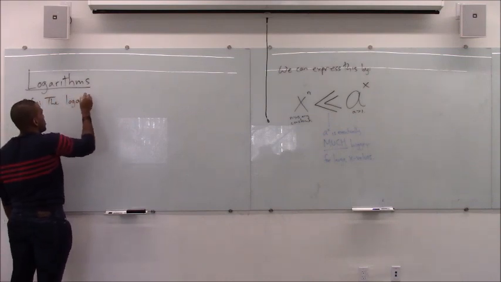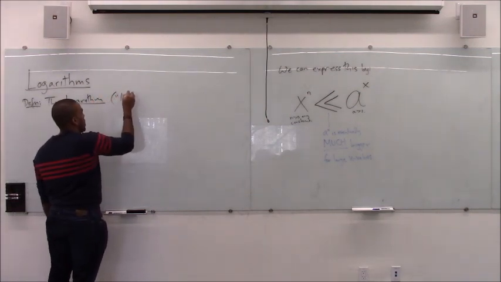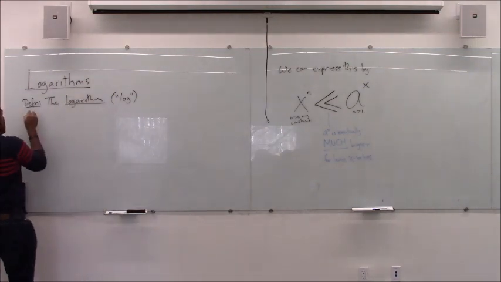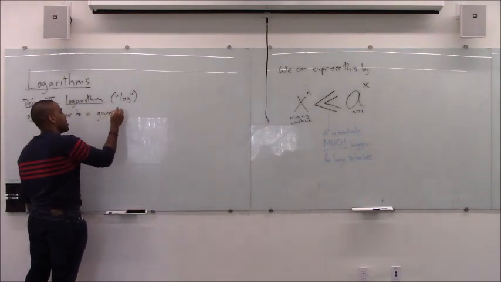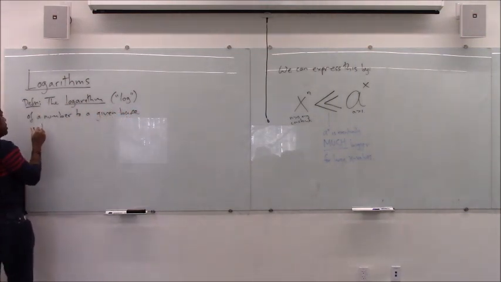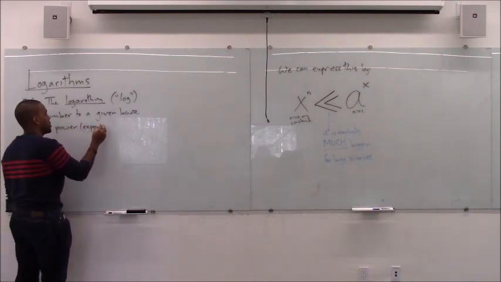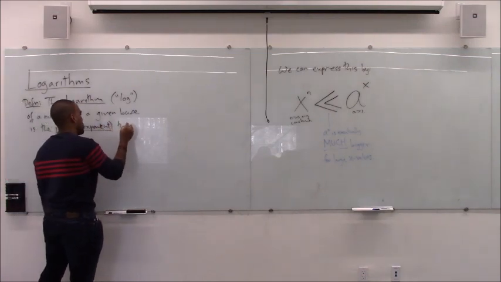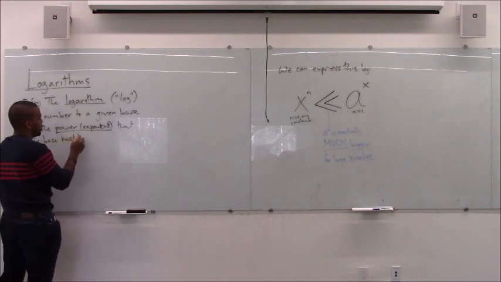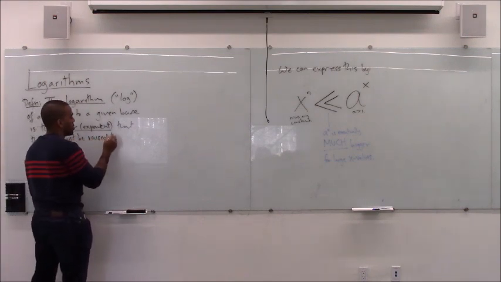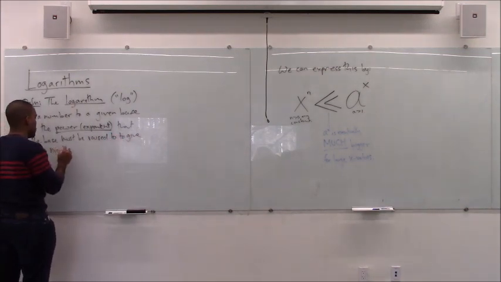A logarithm, sometimes just called log for short, of a number to a given base is the power, in the sense of exponent, that the base must be raised to give the original number.